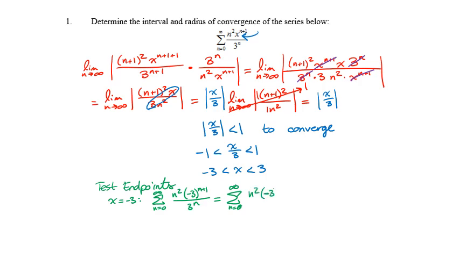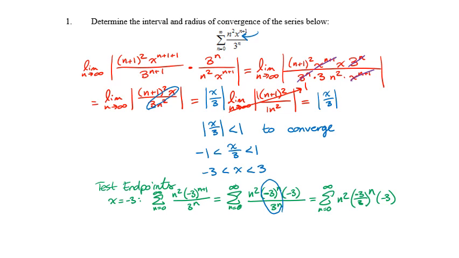We can have negative 3 to the n times negative 3 over 3 to the n. Well, then these things right here, I can actually put those together. So I have the sum of n equals 0 to infinity of n squared times negative 3 over 3 to the n times negative 3. Well, negative 3 over 3 is just negative 1.